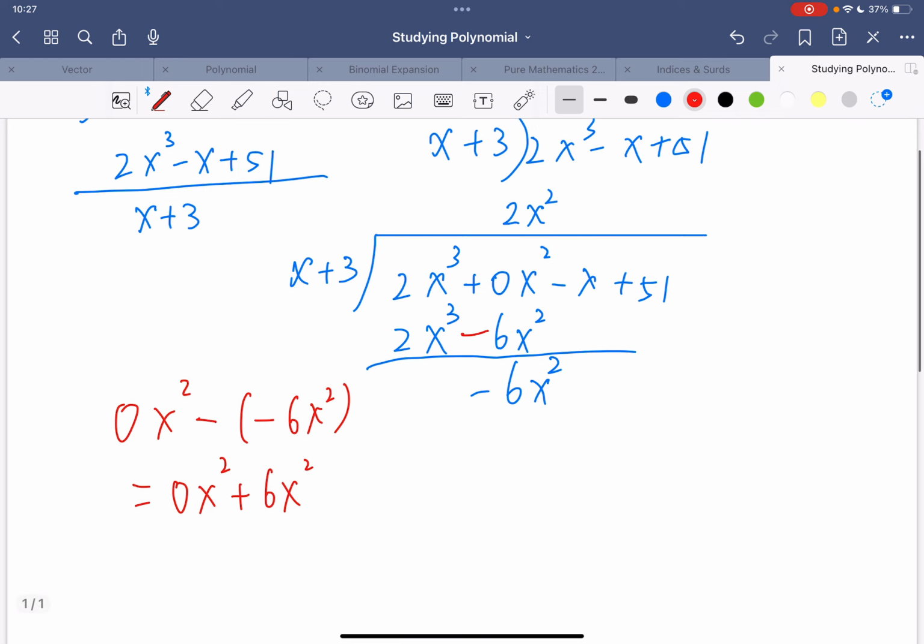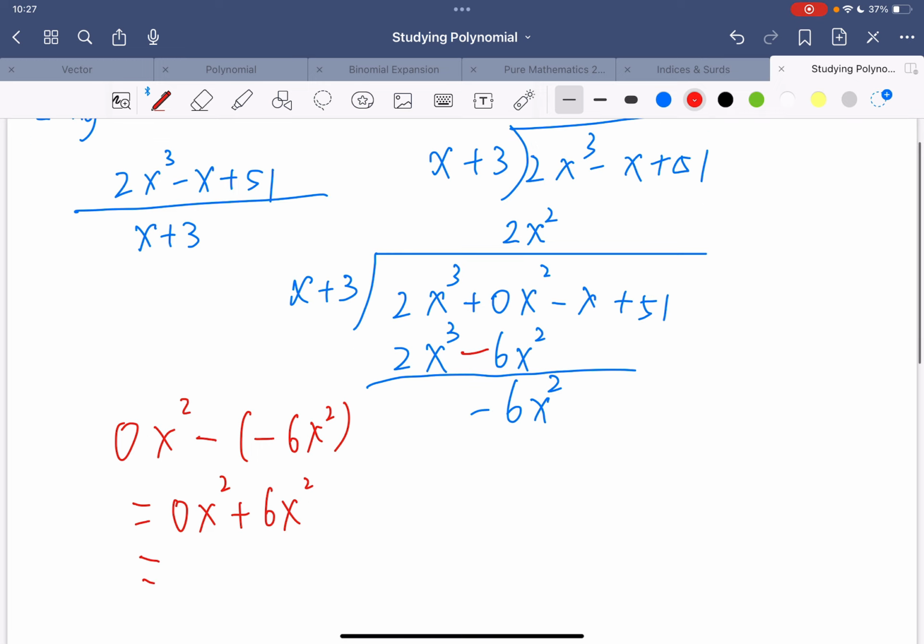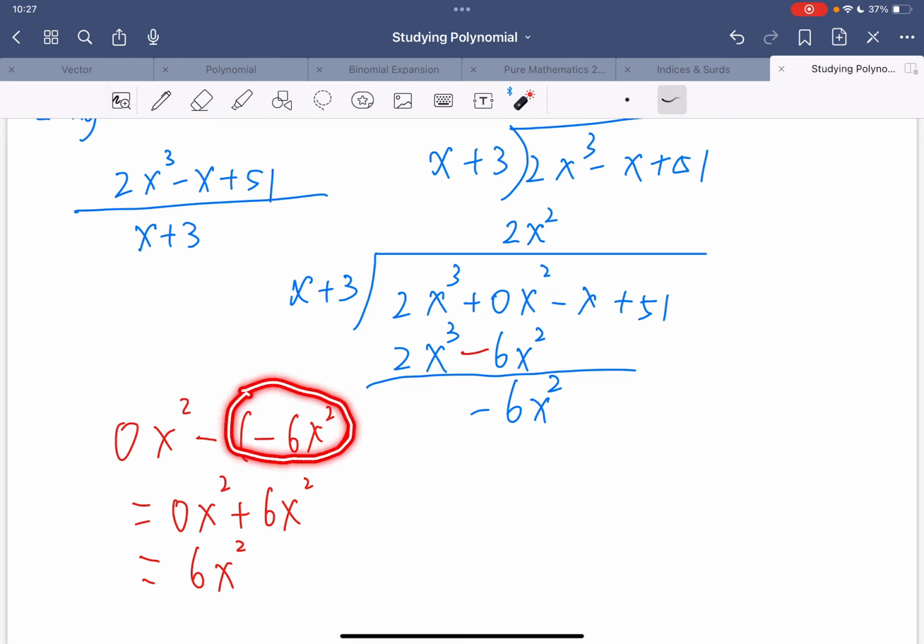So in this case, the answer should change to positive 6x squared instead of the original negative one. So always remember it's subtracting. And when you encounter negative terms, please remember to bracket them, to avoid any mistakes.